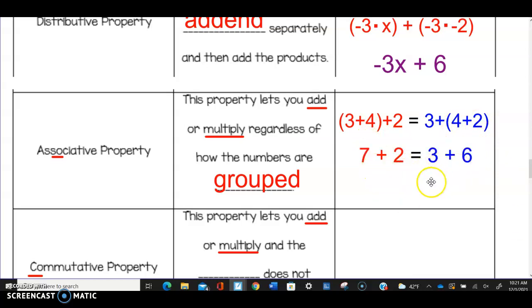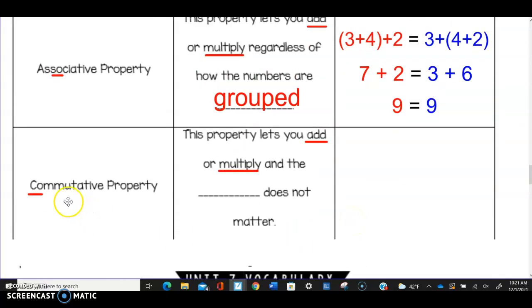Either way, we're going to get 9 as our answer. I used to think with associative property, the SO, remind me, same order. My numbers, the order doesn't change. It's the grouping that changes. I also used to think associative, like who you associate with would be who you group yourself with, to remind myself we were talking about the grouping.